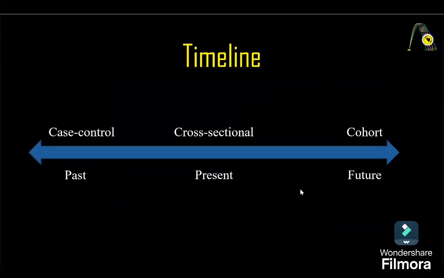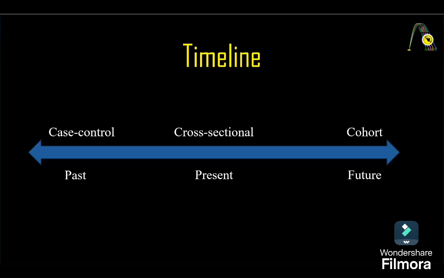So the case control studies, right? These are sort of like cases that have already happened. Say, with the example of diabetes, the participants that you've gathered already have diabetes. You're not looking at people that have not developed diabetes. They already have diabetes, and you're comparing it to people that don't have it. You're basically seeing what led them to eventually develop diabetes.